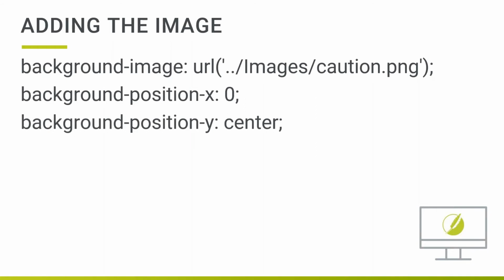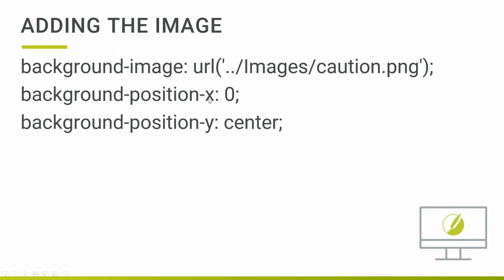So I'm actually going to add this background image property, and I'm going to point to the graphic that we want. Now, some of this you're going to have to take on faith a little bit. There are some details on using graphics as style properties. I'm not going to explain all the different options, but we have some positioning that we have to set.